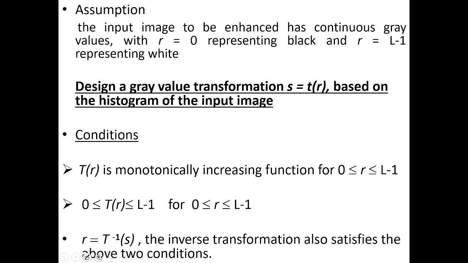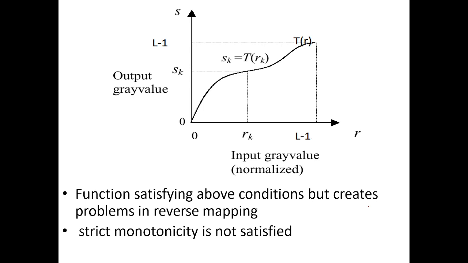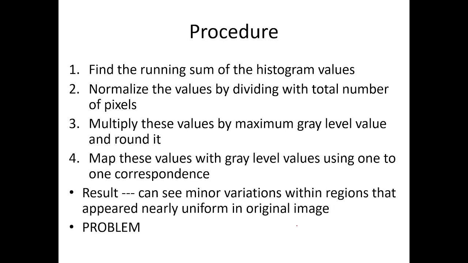The inverse transformation T satisfies the required conditions. So the output gray value is s of k, the new value, which is the transformed value T of rk at the nkth value, a function satisfying the condition between 0 and L minus 1. This is what is known as equalization.